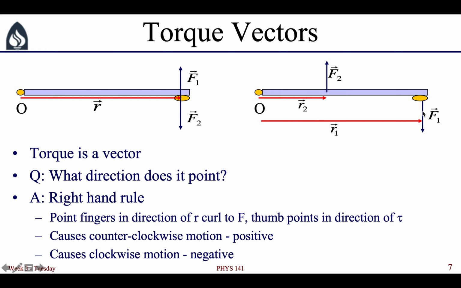F1, on the other hand, if that was the only force acting on the door, would cause the door to swing in a clockwise motion about the origin, and so that would be a negative torque. So if we were to add these two torques together, we would have a negative torque coming from this force and a positive torque coming from this one.